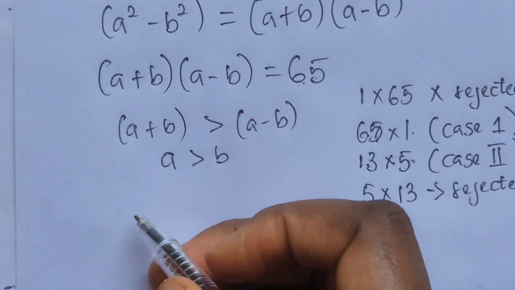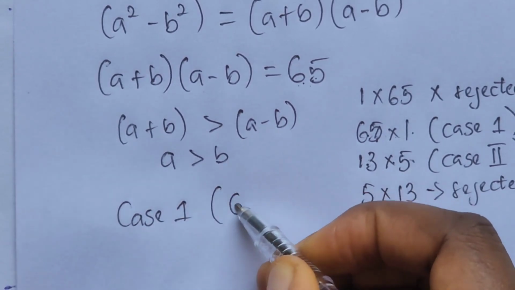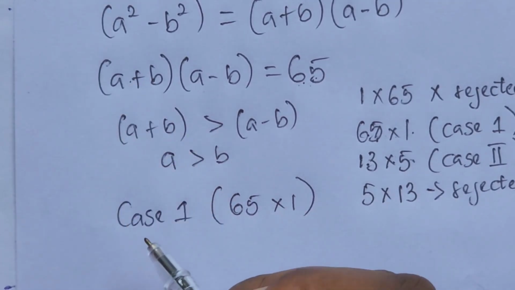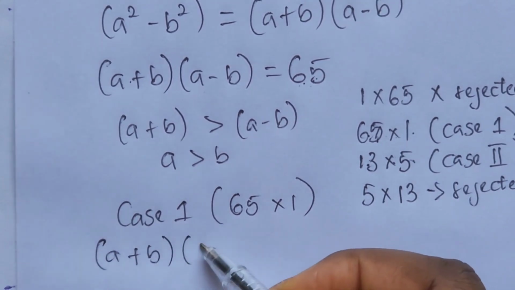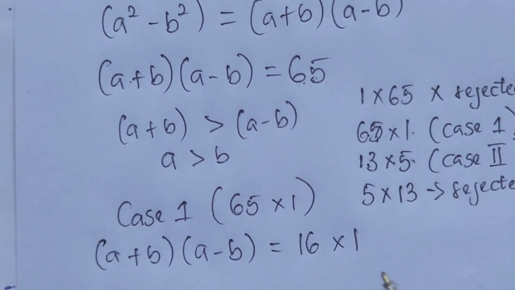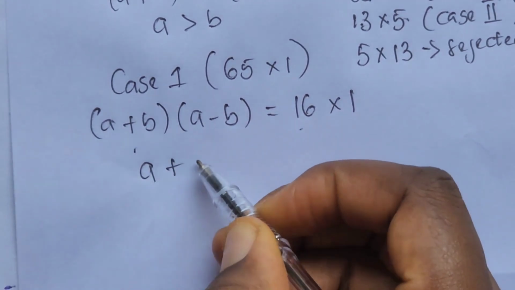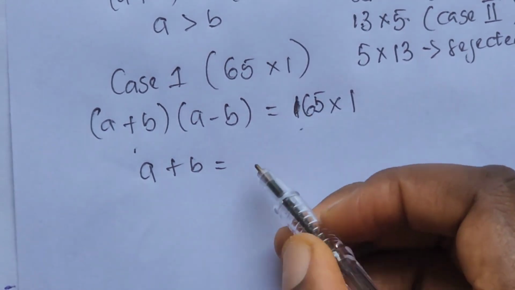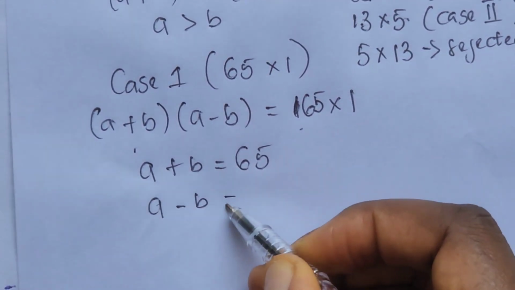So for case 1, we have 65 times 1. So we have a plus b times a minus b to be equal to 65 times 1. From here we can get two equations: a plus b to be equal to 65, and a minus b to be equal to 1.